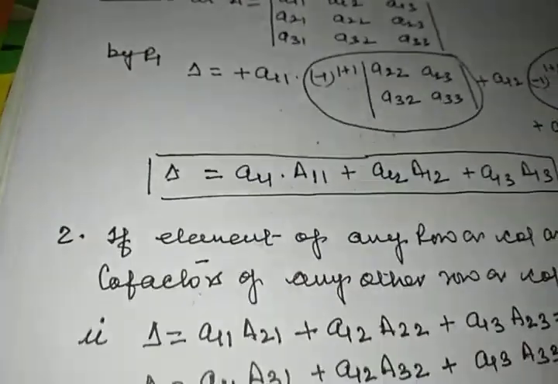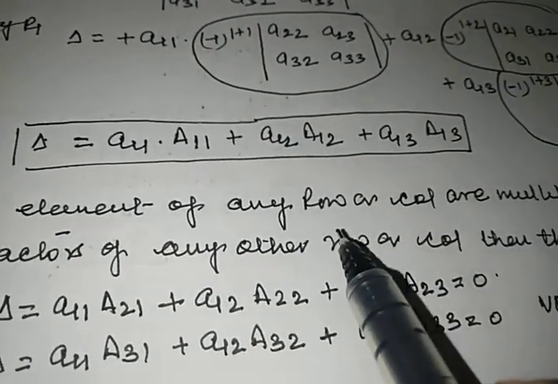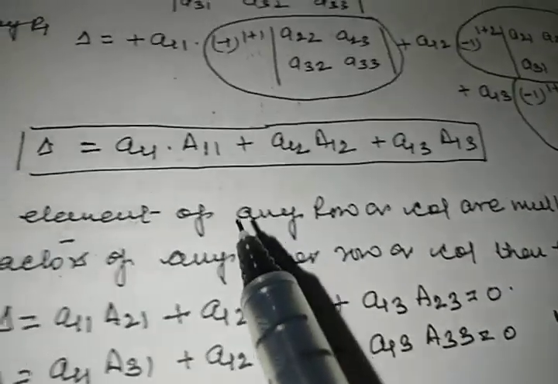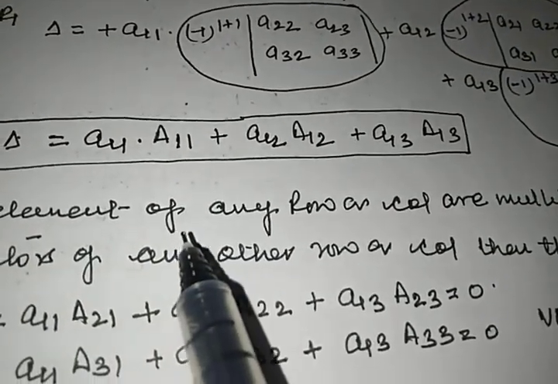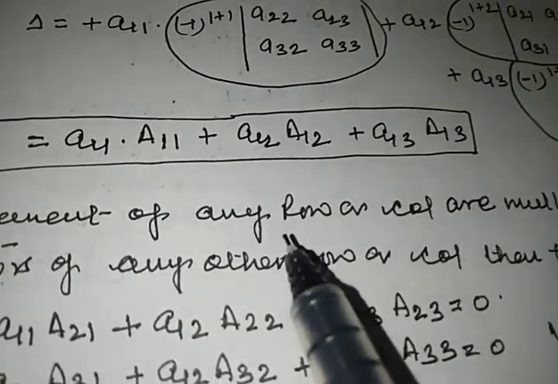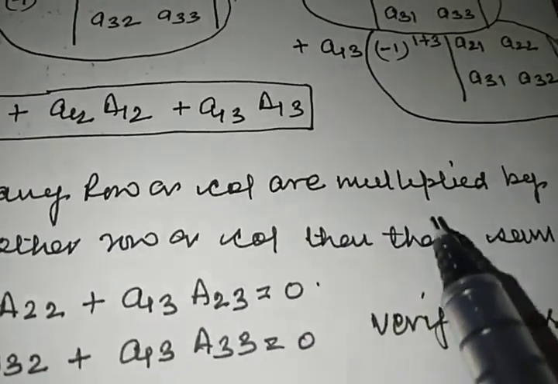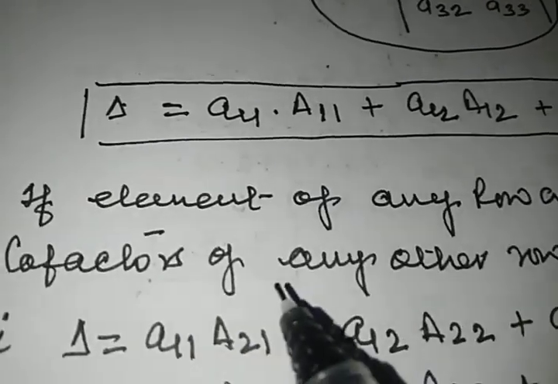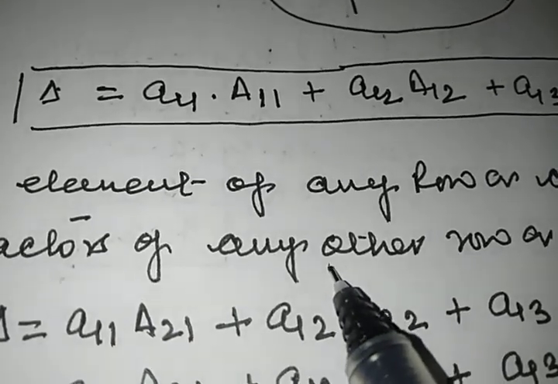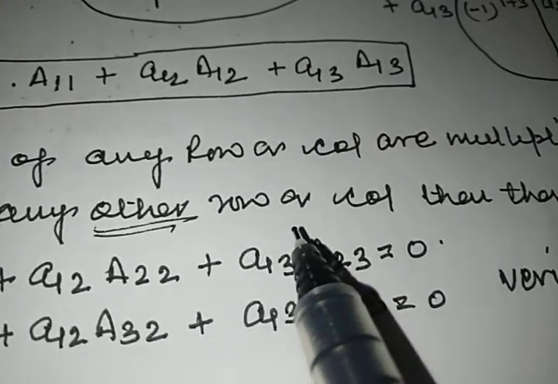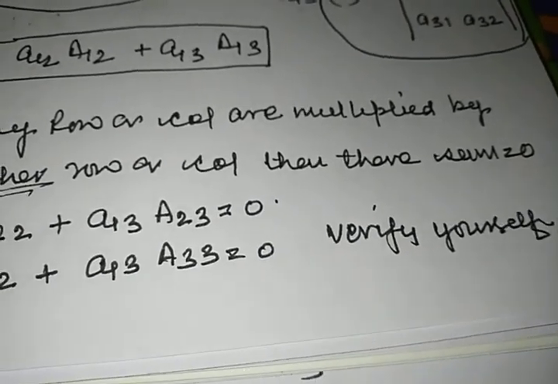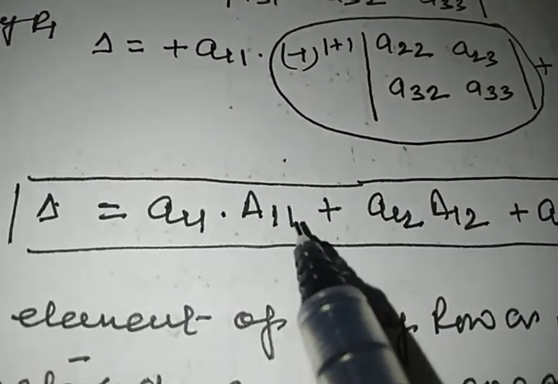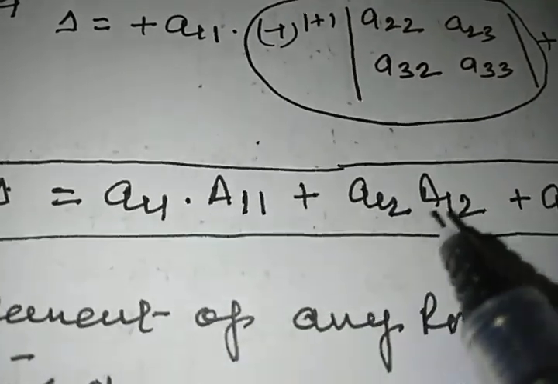So one thing is here: if elements of any row or any column are multiplied by cofactors of any other row or column, then their sum is equal to 0. Means they are multiplied by the same one, A11 with capital A11, A12 with capital A12.